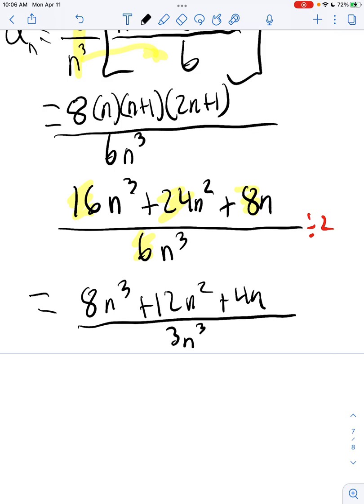Now this is where you kind of have to analyze it and think, all right, this has an n to the third. Here we have an n to the third, but this is only n squared and this is only n.